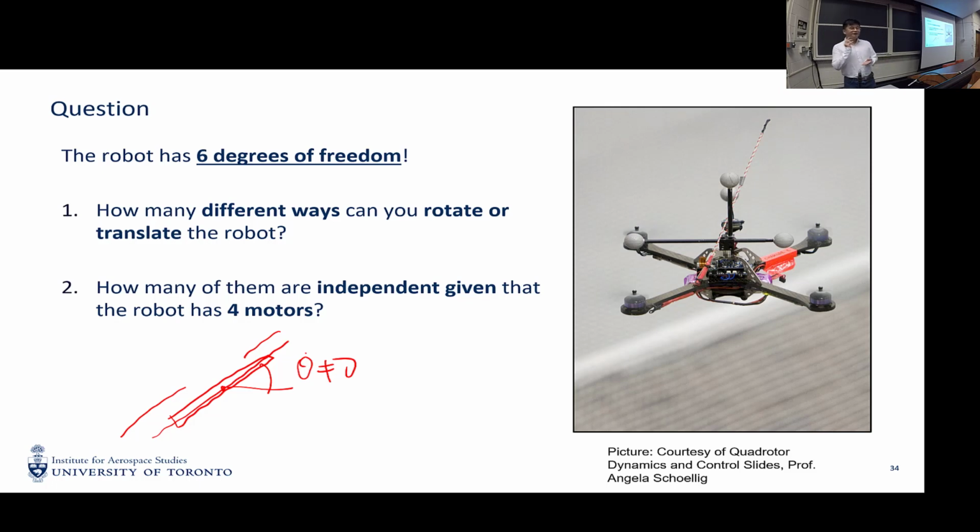So for this system, because it's underactuated, we cannot freely assign all the states. We can only determine that we want to get the system to a given position, but for the attitude, we do not have any control. Right. Good. Any questions so far? Good.